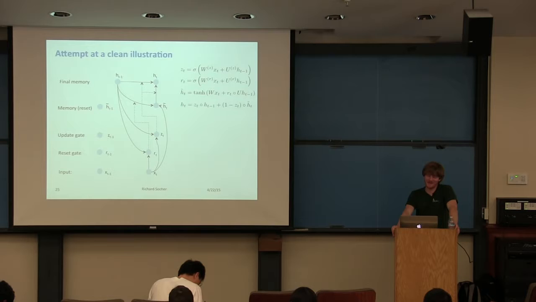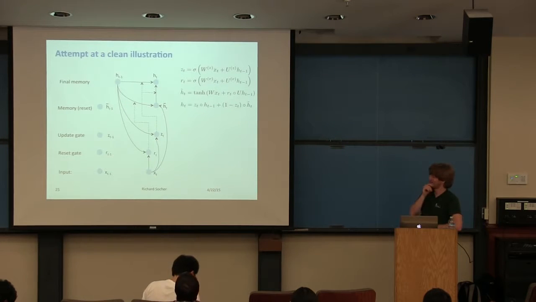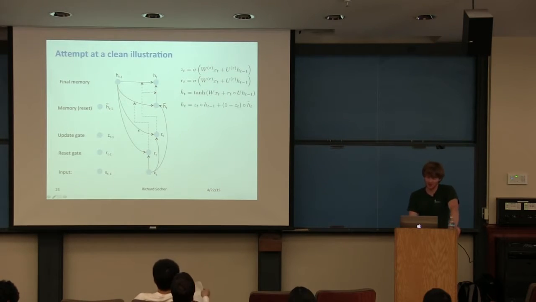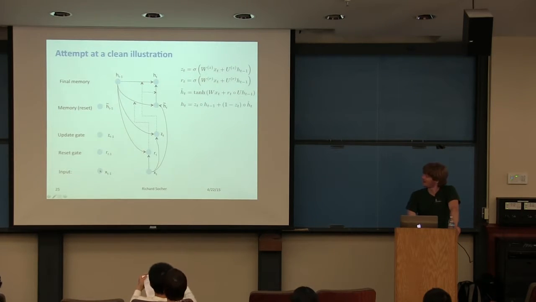Here's my attempt at a clean illustration. I am not really happy with any of the illustrations that are out there in the original papers, but honestly, I don't think this is the best one either. I don't think there's a super nice, clean way to visualize this. But at least, you know, here's one attempt. So to understand these, each of these is basically a vector.